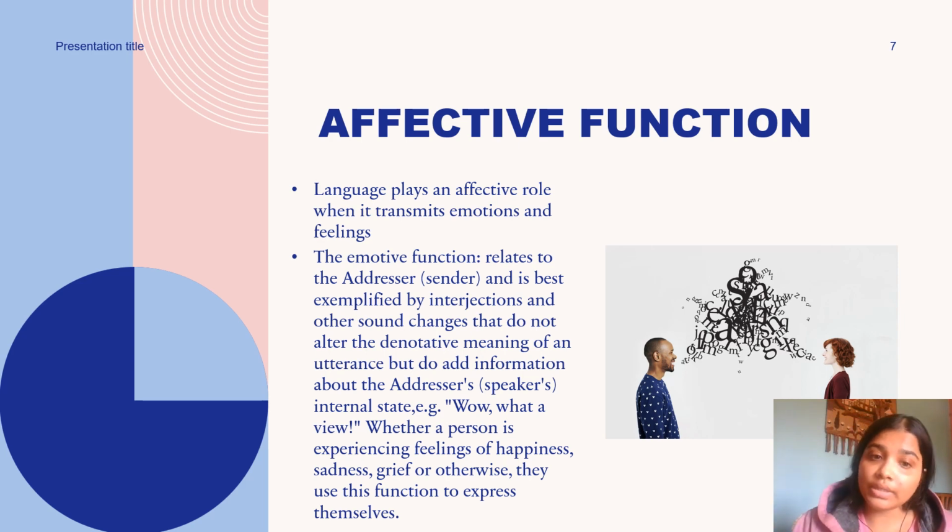So here in this statement we are seeing that by using adjectives like wow and delicious, the narrator is using language to convey his emotions and his feelings over any certain object.